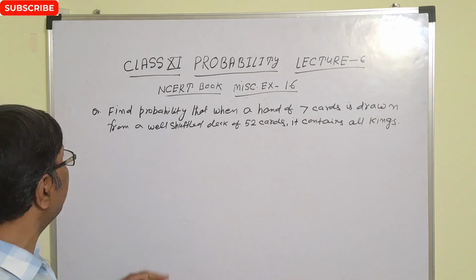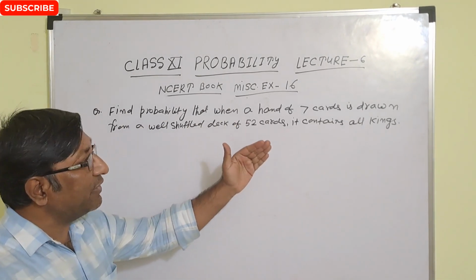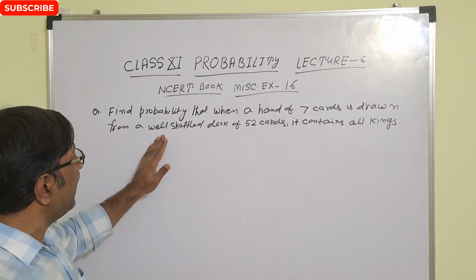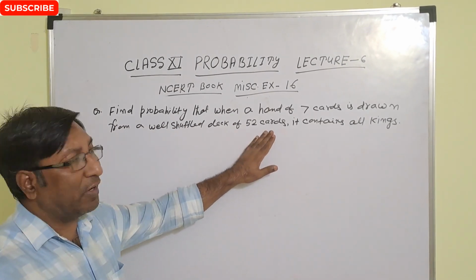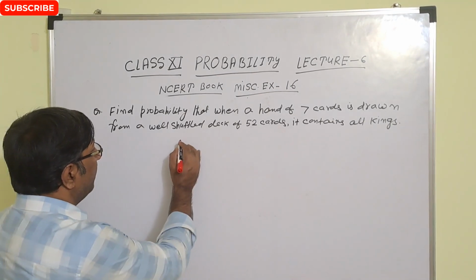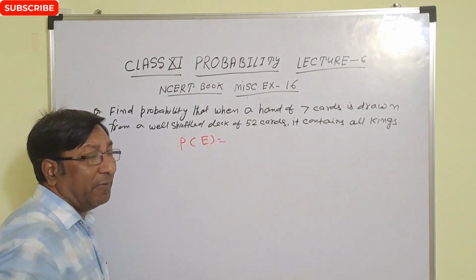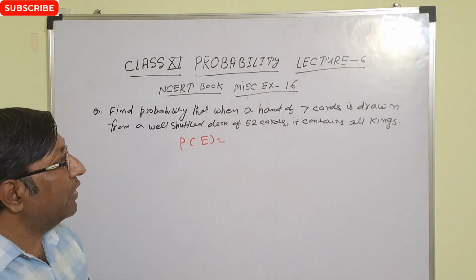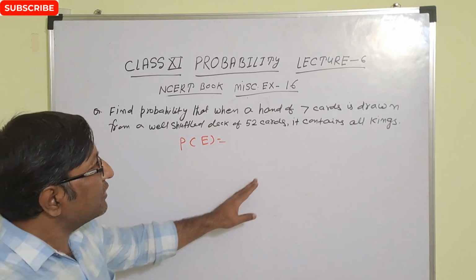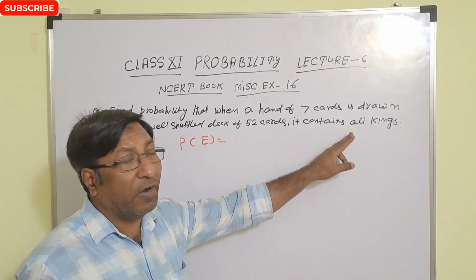Let us see the question. Find the probability that when a hand of 7 cards is drawn from a well shuffled deck of 52 cards, it contains all kings. Probability of any event equals favorable outcome by total. Here, 7 cards are drawn but they contain all kings.